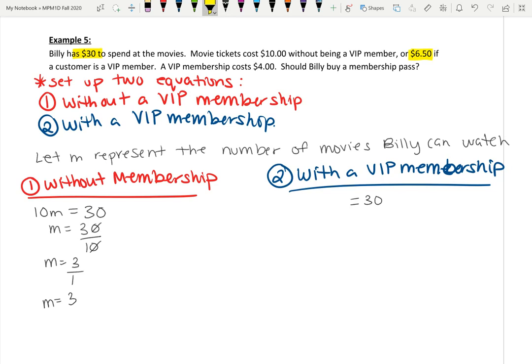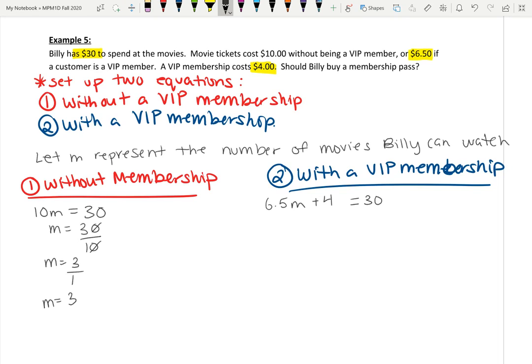It's $6.50 per ticket, 6.5 per ticket, and then plus you got to pay $4 to be a member or a VIP member. So plus the 4, which is a one-time $4 purchase. And then we're going to add that to however many movies he can watch with his $30. And each movie is $6.50 or 6.5.